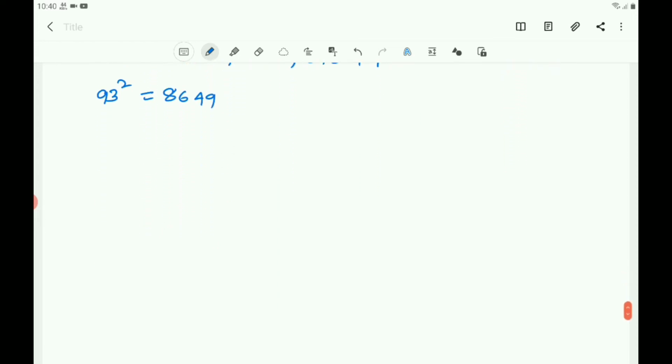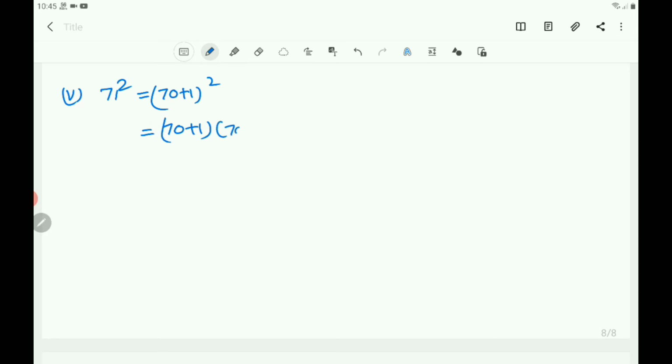Then the next one is the fifth one. 71 square equals 70 plus 1 whole square. Then this equals 70 plus 1 into 70 plus 1. Then 70 into 70, 7 7s are 49, 2 zeros.